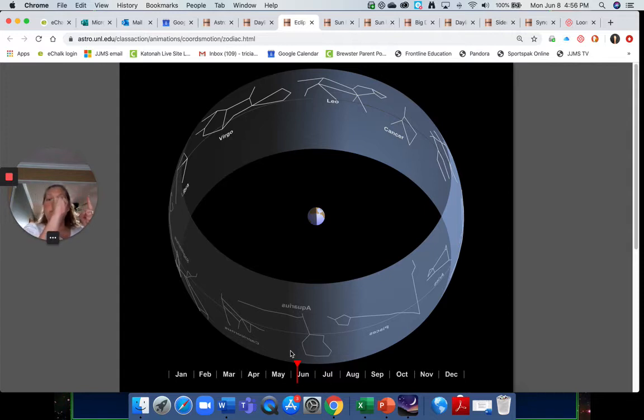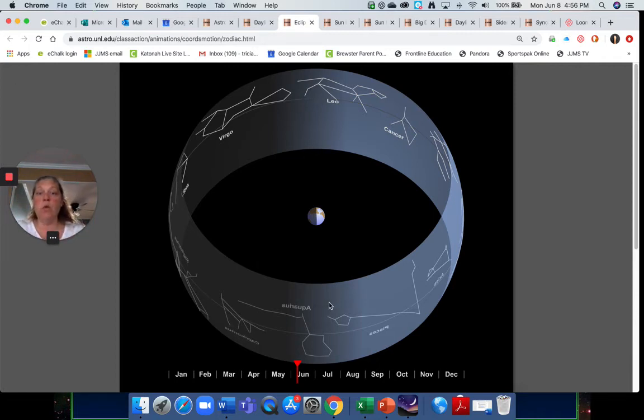As opposed to when the Earth is over here. Where are the constellations that we cannot see? This way, because the sun's blocking our view of those. Where are the constellations that we can see? That way. So the constellations that we can see at night change as the Earth revolves around the sun.